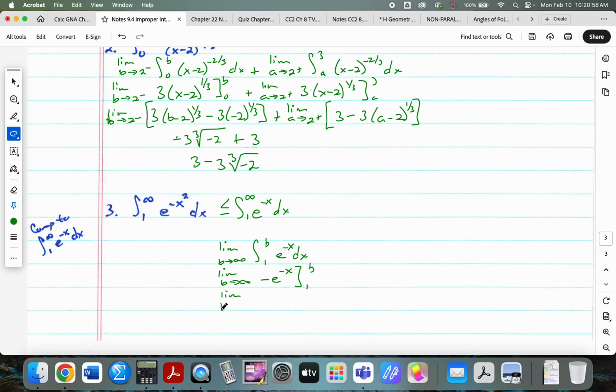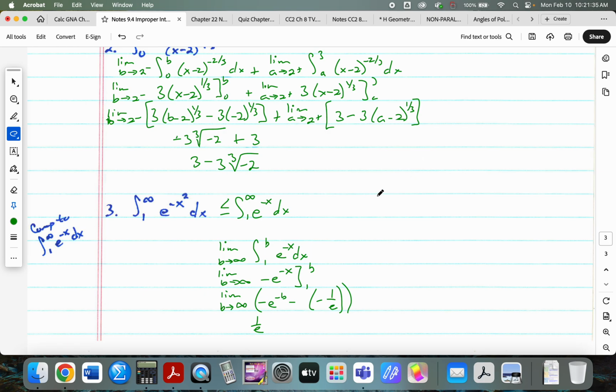So it'll be the limit as b goes to infinity of negative e to the negative b minus negative 1 over e. As b goes to infinity, e to the negative b is going to go to 0. So I've got 0 plus 1 over e, so that's equal to 1 over e.